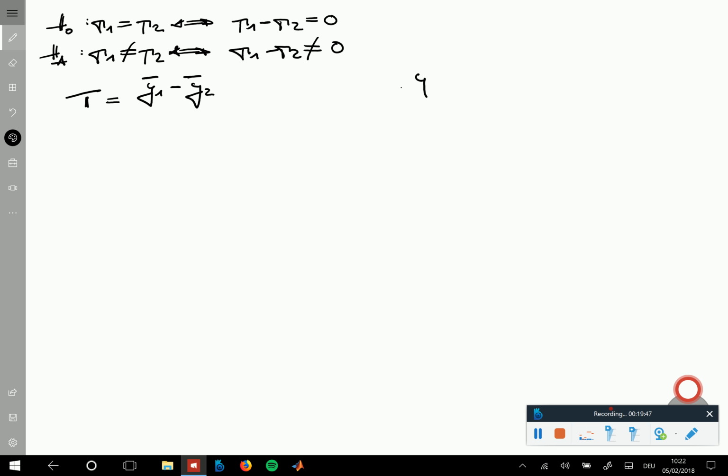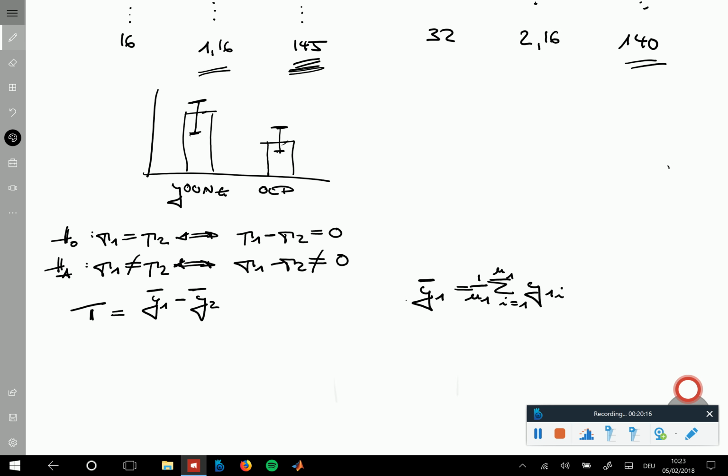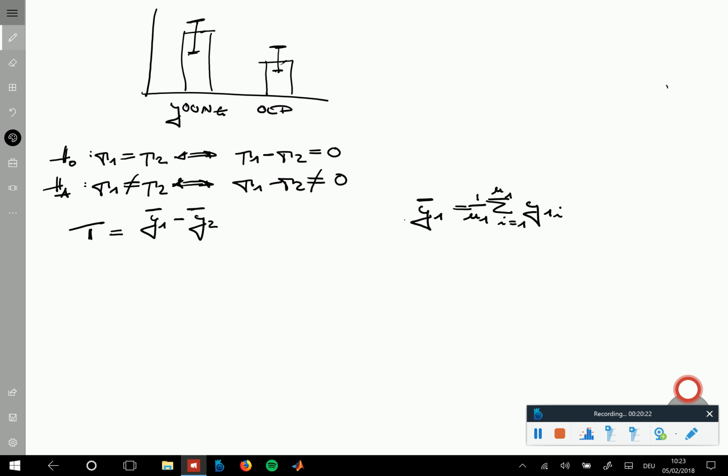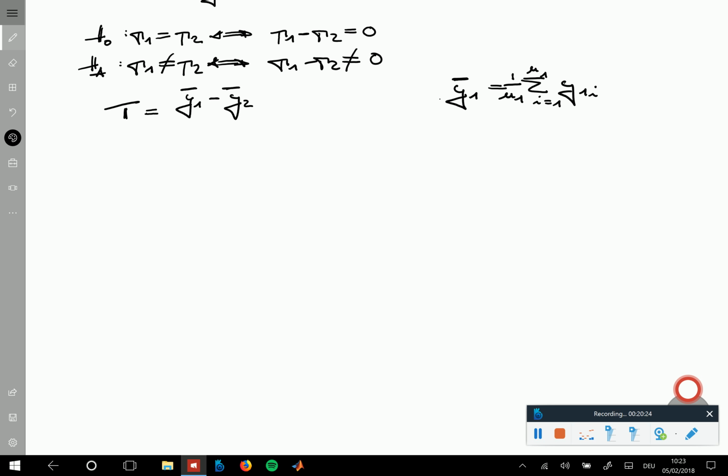So this Y1 bar would be 1 over N1, which is the number of participants or experimental units in group 1, and you should average these data, taking our data points in this group. Don't get confused about the j or the i, it's just a running index. So you take the data from the first group, compute the mean, get Y1 bar.